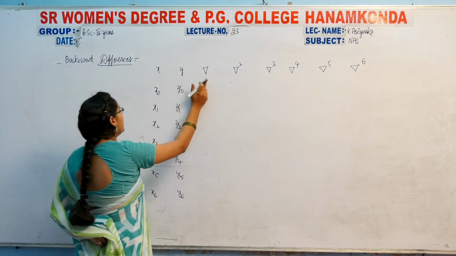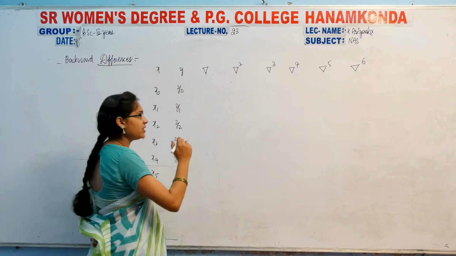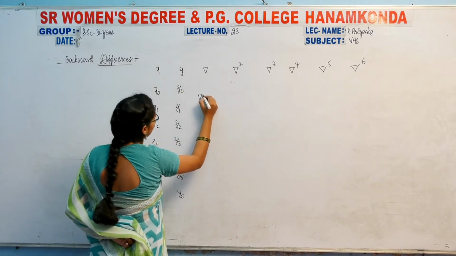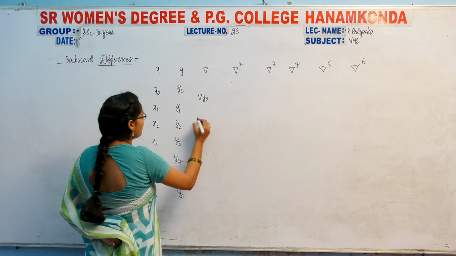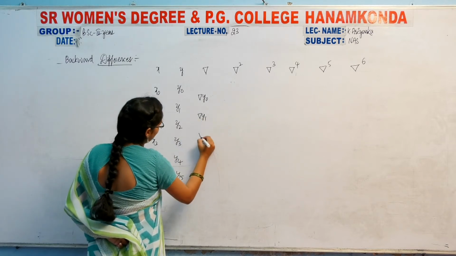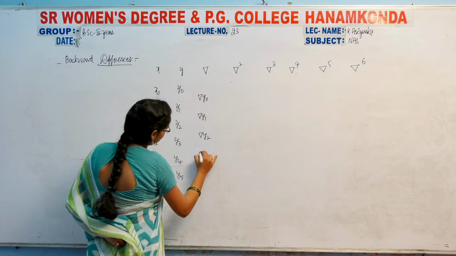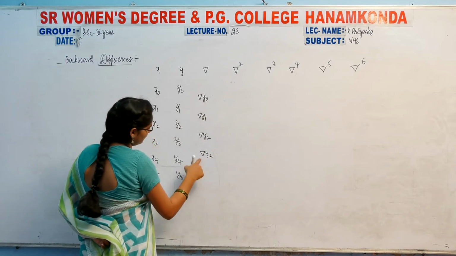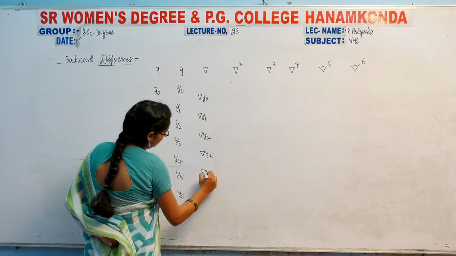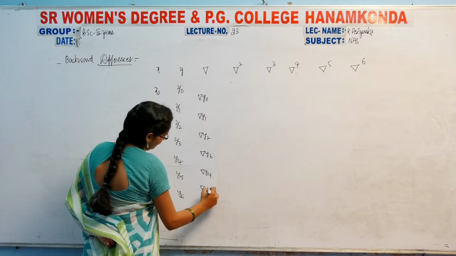Next, backward means we denote the values in between: backward of y0, backward of y1, y2, y3, y4, y5.